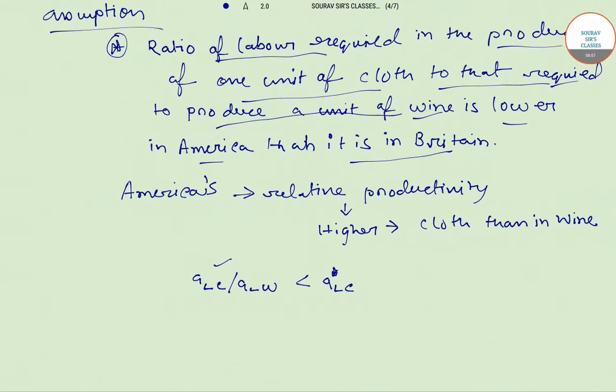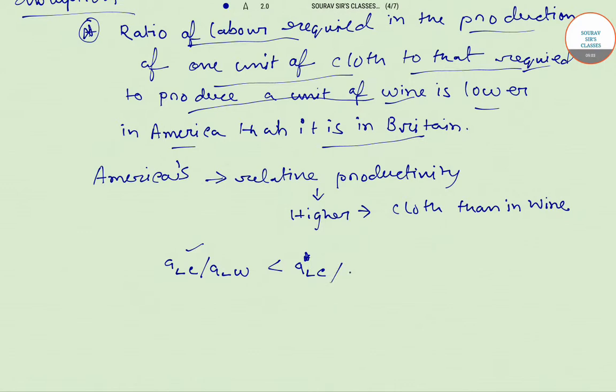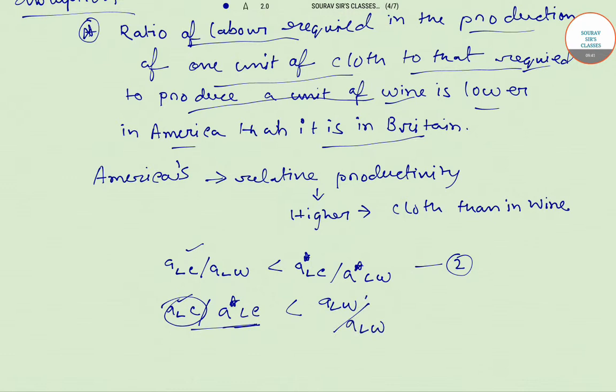So the opportunity cost of producing cloth in USA as compared to Britain is less. We will denote this by 3.